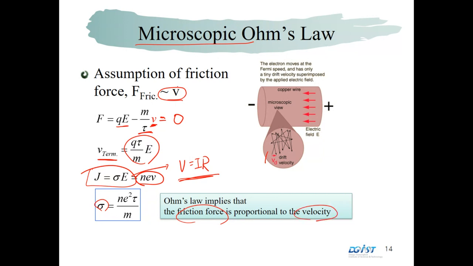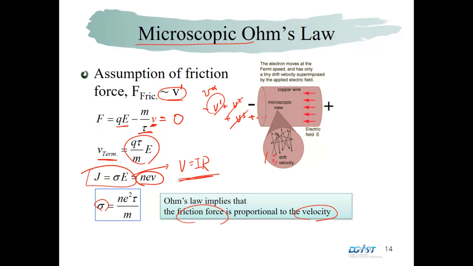Then why should this be just linear to the velocity instead of some kind of power, let's say v to the alpha? The truth is, actually, there is some kind of linear term and square term and maybe cube term. They can exist, but in many cases those terms are not important and they are negligible. Only the linear term is the leading term.